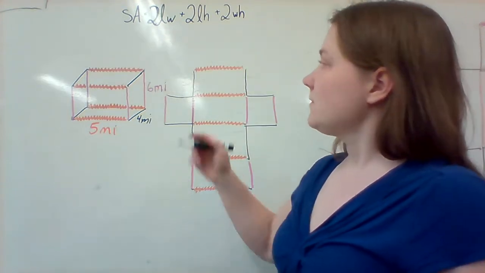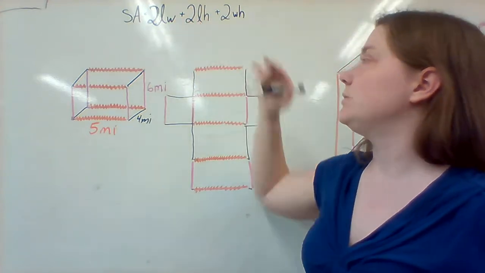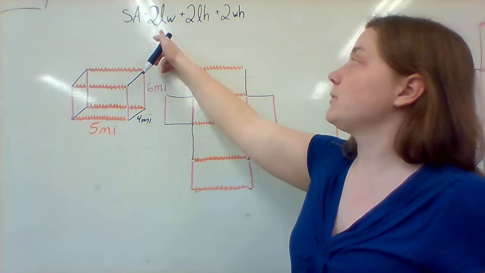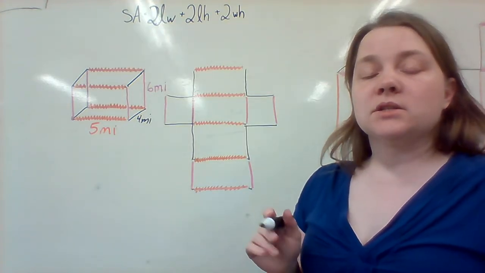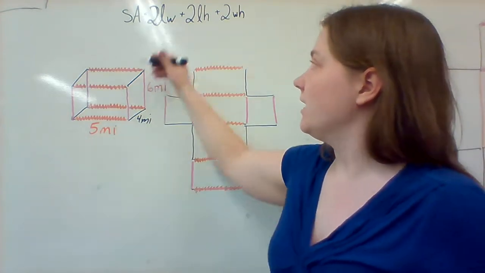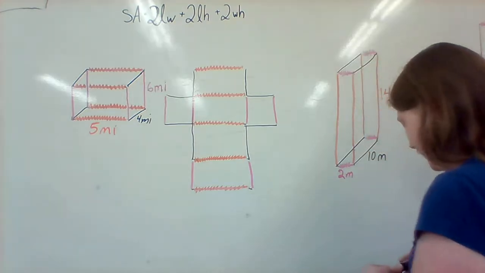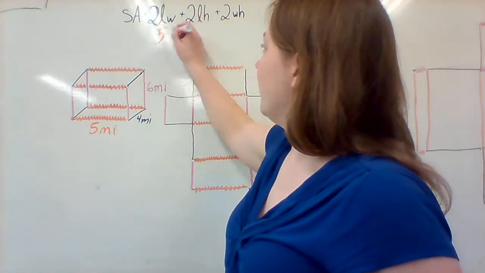So let's go ahead and try using the formula for this example, and let's see where we get. So I know that surface area is 2 length width plus 2 length height plus 2 width height. Let's plug in the numbers. My length is 5. So every time I see length, I'm going to put a 5.